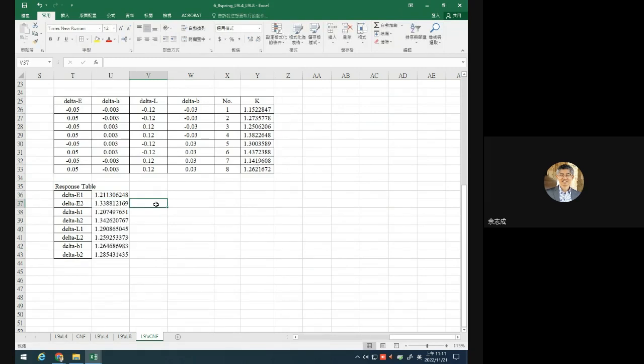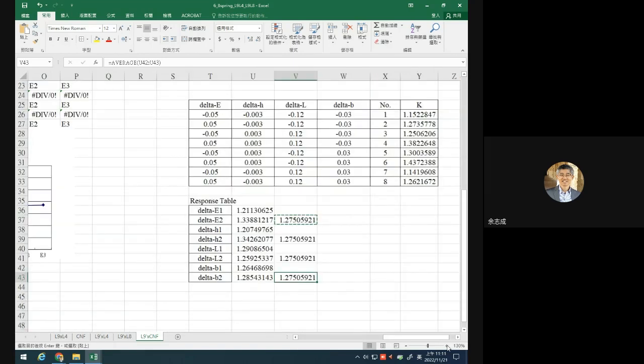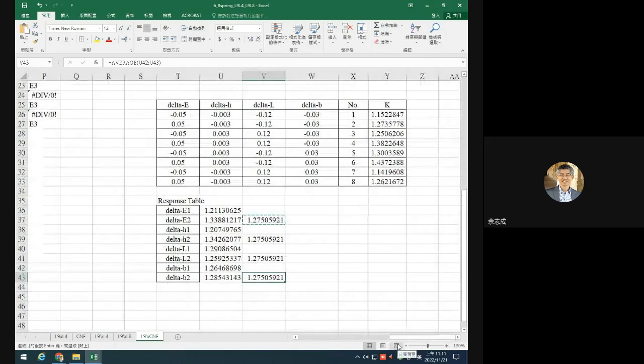It's better to double check, which is the average of these 2 levels, and make sure the average of all the noise factors are the same. If they are not the same, it means that there might be something wrong during the typing of the equation. So right now they are all the same. The response table is okay. Then we can get the effect plot.